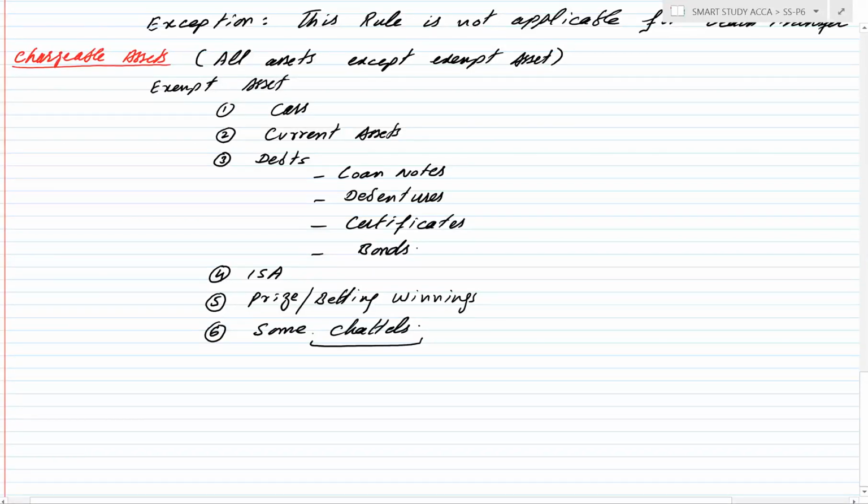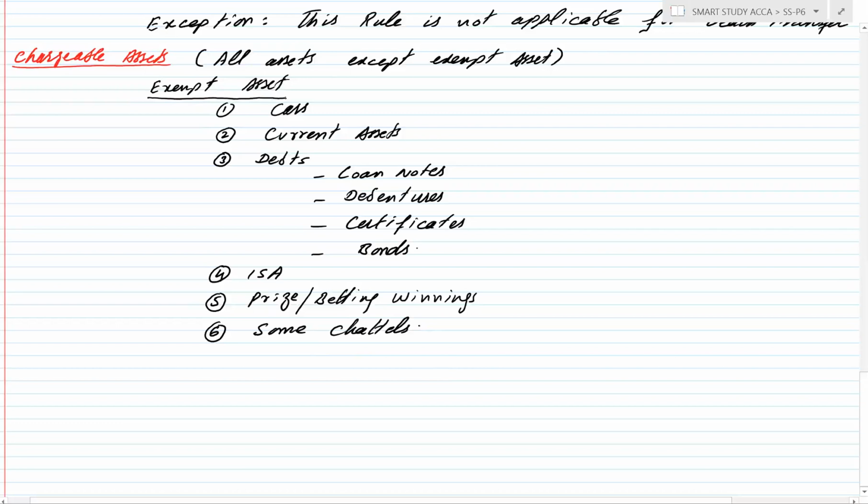Few chattels are exempt and few chattels are taxable. There is a complete topic on chattels. We will cover the chattels in detail when we move towards this topic. So few chattels are exempt and few are taxable. So these are the examples of exempt assets.